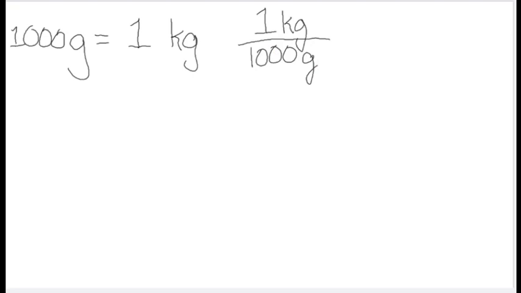So each equivalency statement can be made into 2 conversion factors that will be reciprocals of each other. If you're looking to cancel out kilograms, you would use the one I'm writing right now. So if you're looking to cancel out grams, you would use the first one.